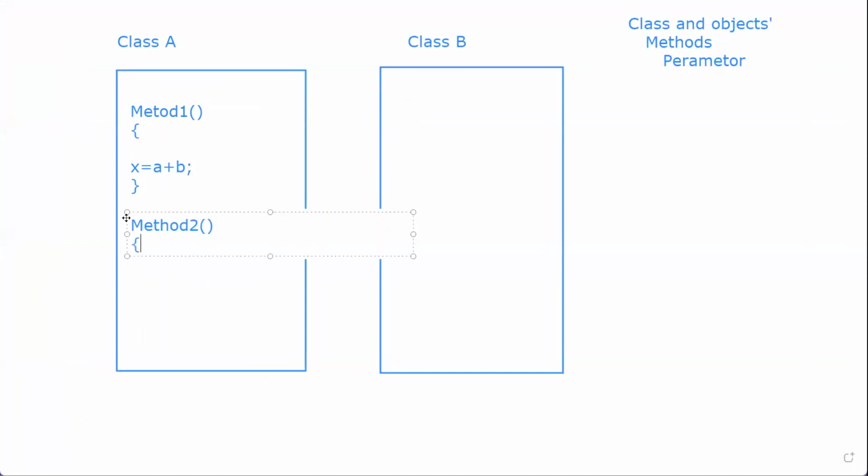A method, I hope you remember, is the functional implementation of the class. Maybe here I have x equals a minus b. Like this, I have two methods. Now let us come to class B as well.